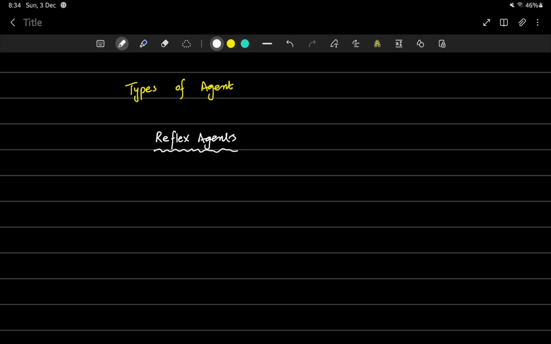Okay, now a very simple example of this can be, let's say, a thermostat in a heating system, right? A thermostat in a heating system that turns on the heater when the current temperature falls below, let's say, 20 degrees. So you have this thermostat and it is sensing what the current temperature is, and in its code it just has one if condition: if temperature is less than 20 degrees, then turn on heater.